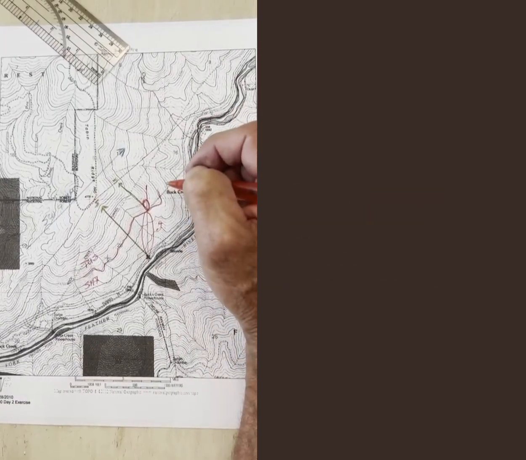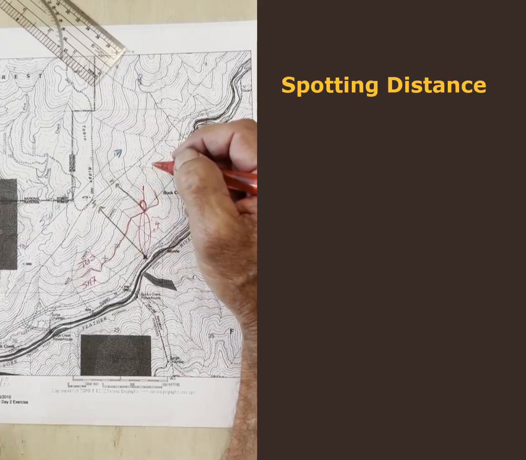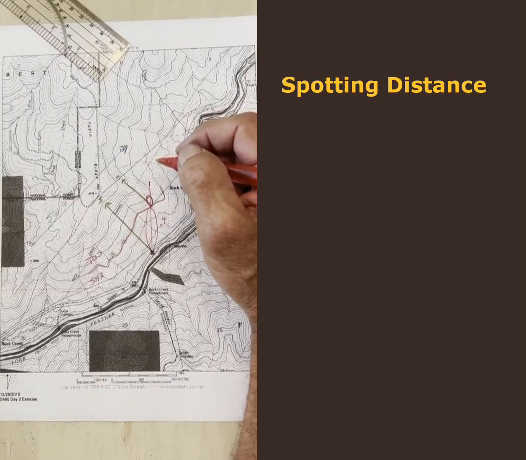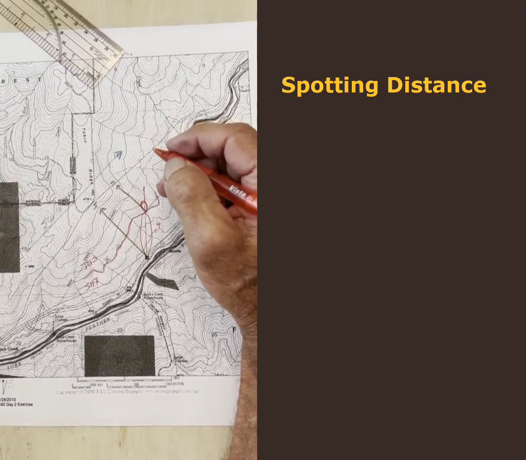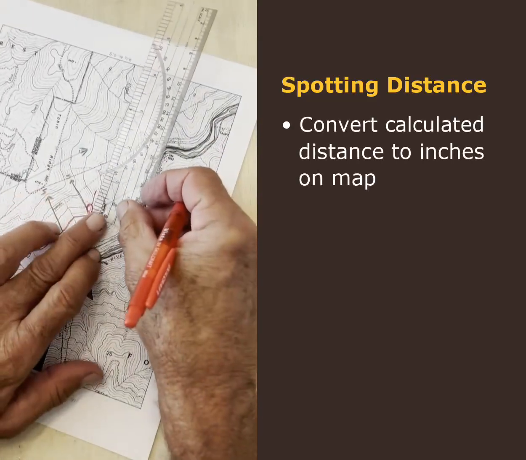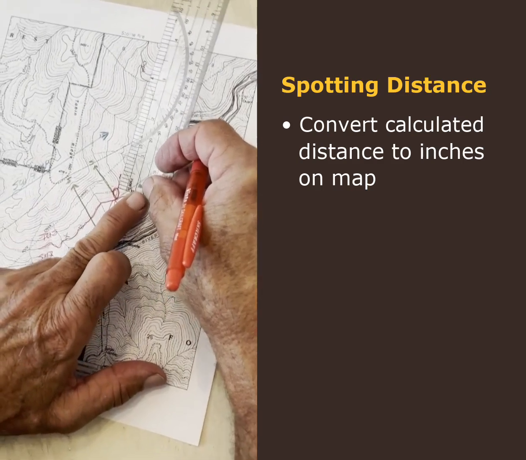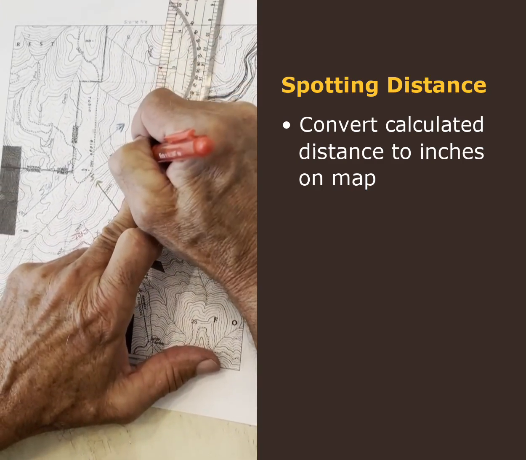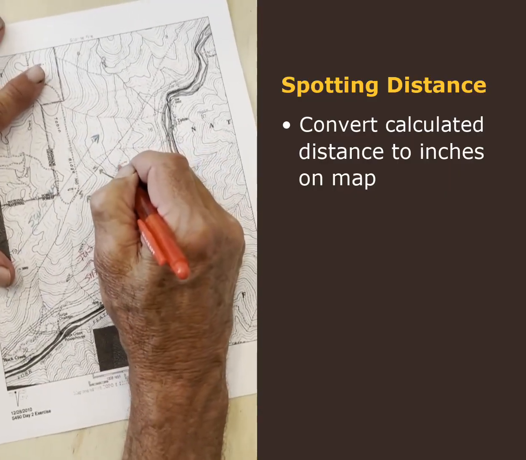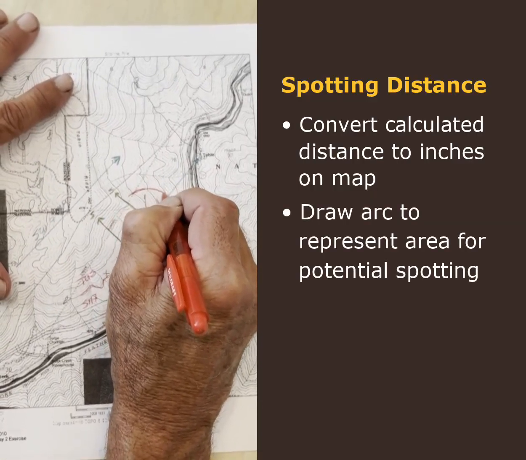The last question we were asked was, what would our potential spotting distance be? And what I came up with was just a little over a quarter mile. So that calculates out to a ½ inch. So what I'm going to do is come down here at the end of our run, mark a ½ inch, and then basically you just draw an arc, because that area for potential spotting could be anywhere in this area.